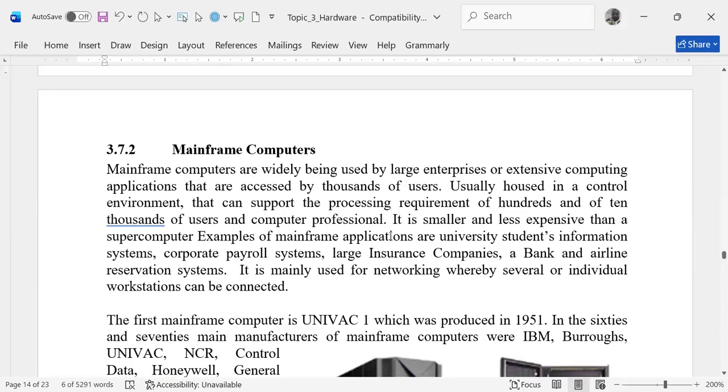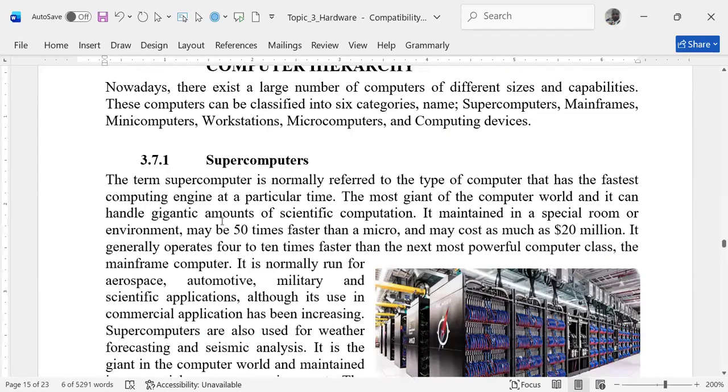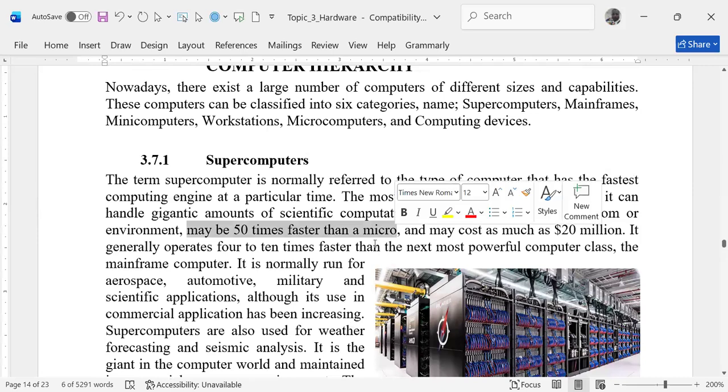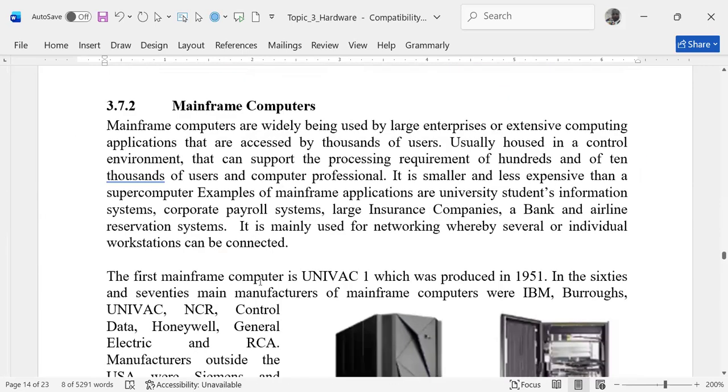In the computer hierarchy, the next is mainframe. The mainframe is next to the supercomputer, less powerful. The supercomputer here is said to be 50 times faster than the microcomputer. We are saying our laptop microcomputers are powerful, but this is 50 times faster. So imagine how powerful that one is.